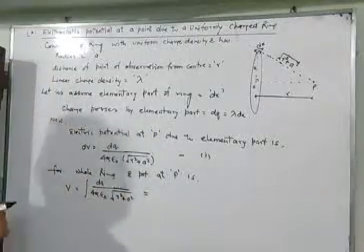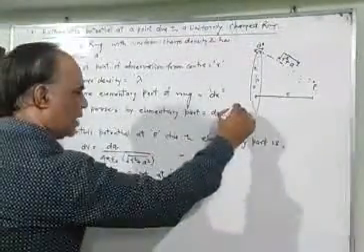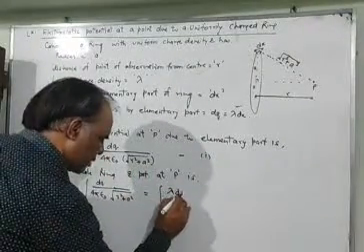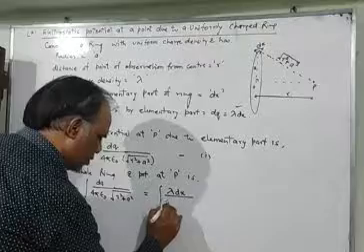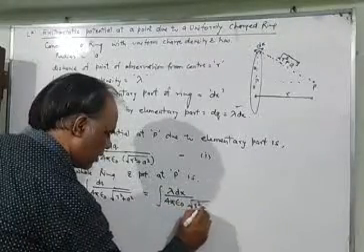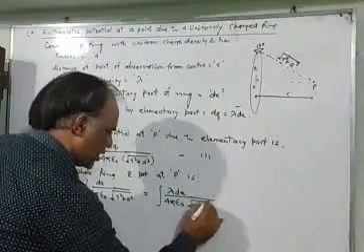For the dq you can mention lambda into dx. So this will give lambda into dx upon 4 pi epsilon naught square root of r square plus a square.